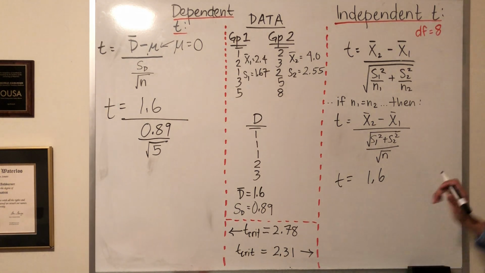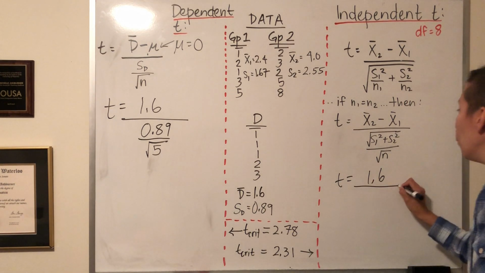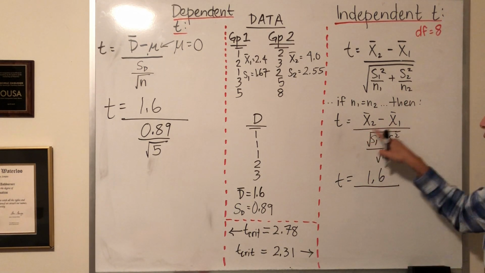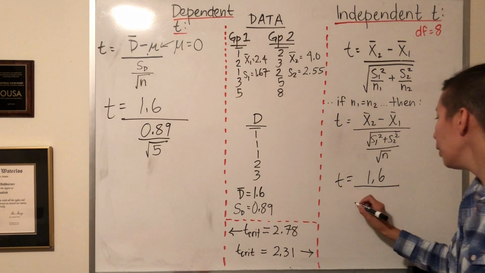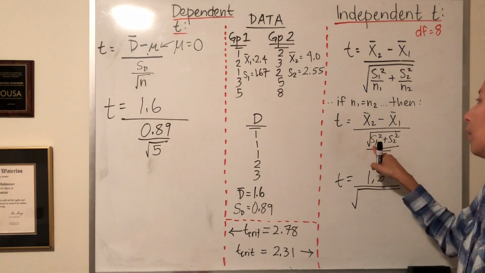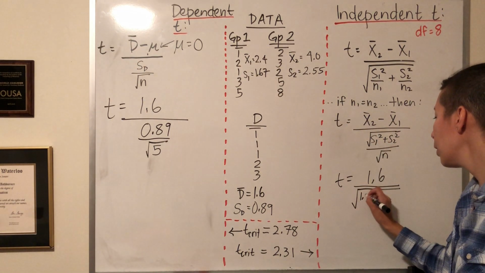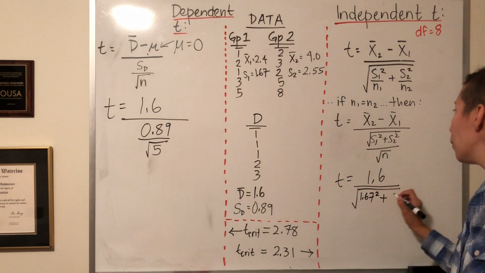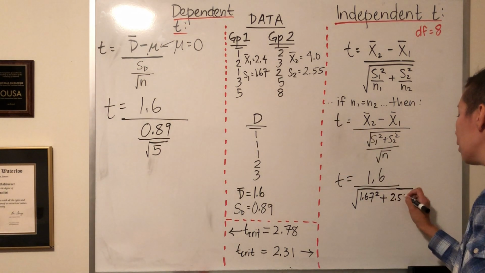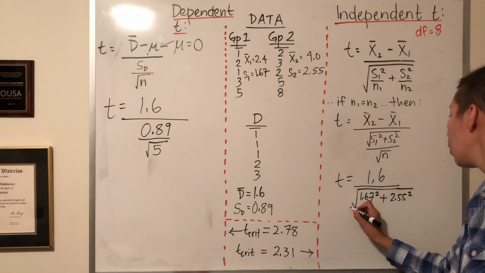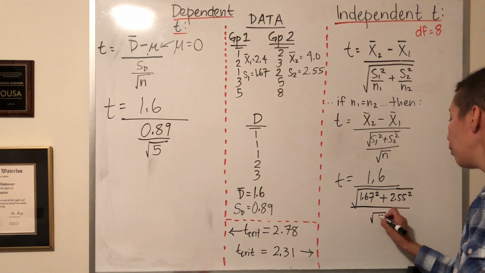Okay, cool. Then we have to divide by this funny looking thing divided by the square root of n, all on the bottom. So it would look like the square root of s1 squared, so 1.67 squared, plus s2 squared, so 2.55 squared, and then that whole thing would be divided by root 5.